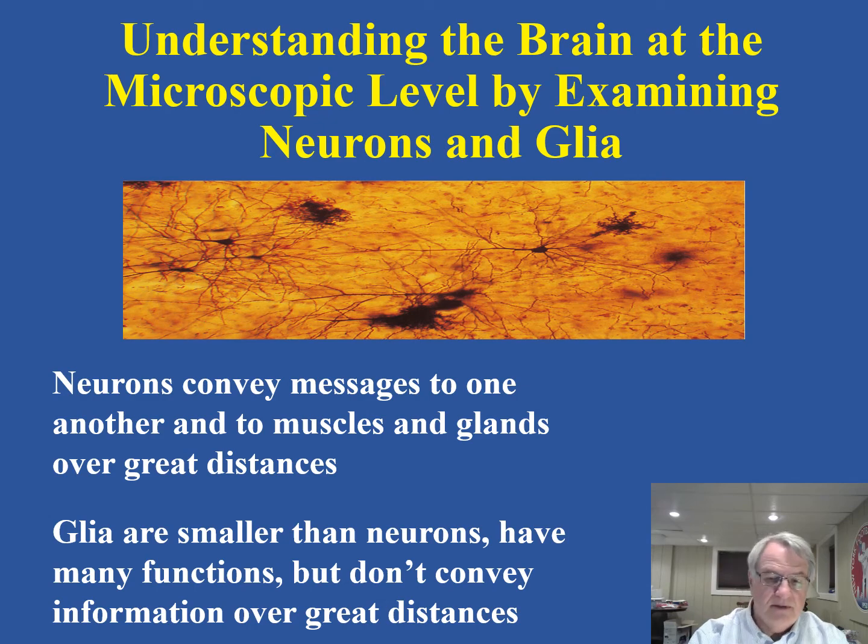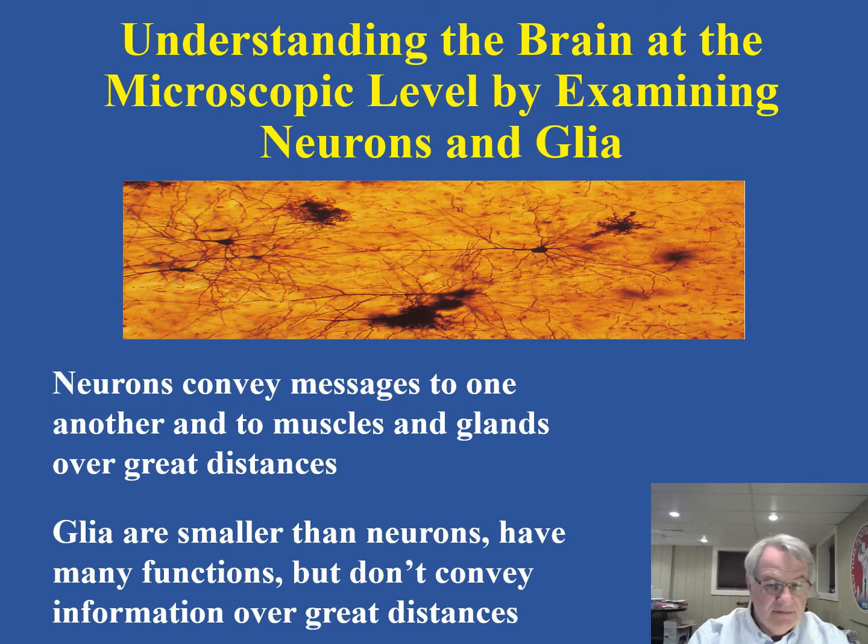Neurons typically convey information over a long span, and typically they convey messages to muscles and to glands, and this is over a great distance. Glia, on the other hand, are support cells. They are much smaller, typically, than neurons.